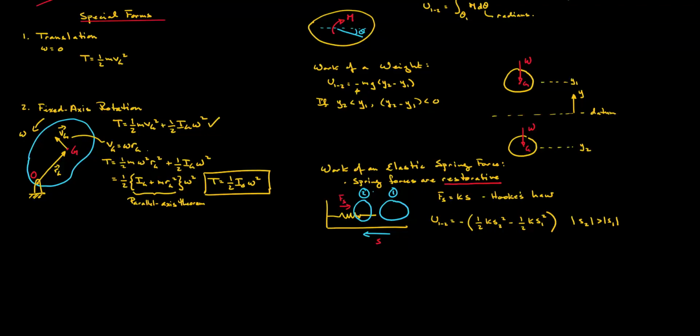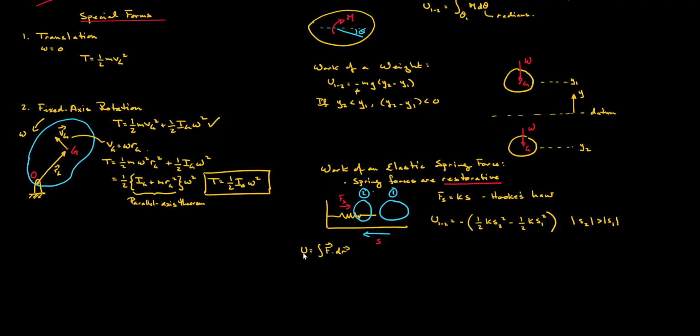Now you might be wondering where these 1/2 multipliers are coming from. Recall that the work in its most general form is equal to F dotted with dr. For most cases, our force was constant along the displacement.